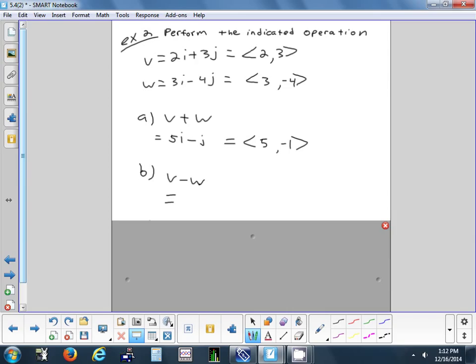Kayla, could you tell me what my i component would be for v minus w? Well, it's going to be a number in front and then an i. So if you look at what your number is for v, that's the 2i. For w, that's the 3i. And you're just subtracting.